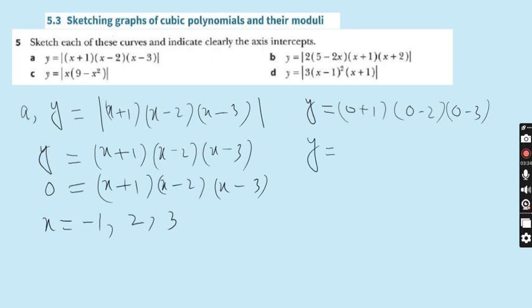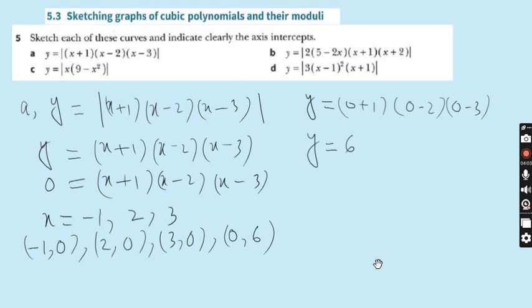So y equals 1 into minus 2 is minus 2, minus 2 into minus 3 is plus 6. Therefore the coordinates are (minus 1, 0), (2, 0), (3, 0) and (0, 6).